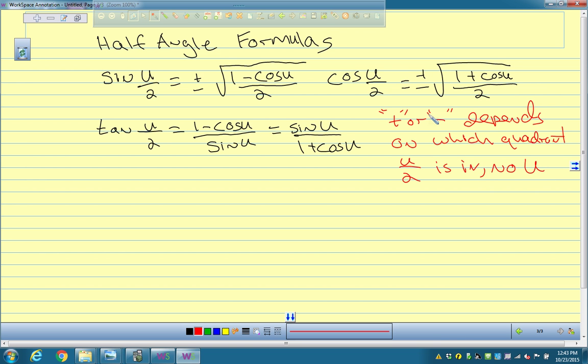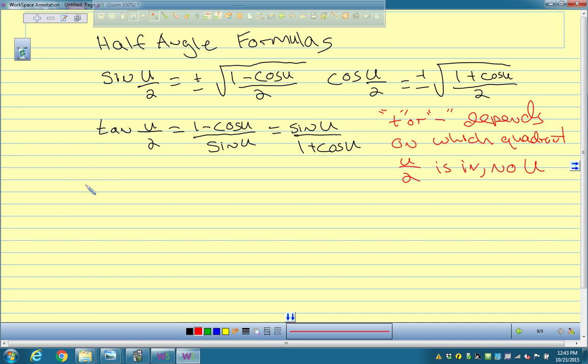I'll show you what I mean in a minute. The reason you don't have to worry about a plus or minus for tangent is because you have a cosine and a sine in the formula, and that takes care of the sign, because when you're finding a cosine and a sine, one's going to be positive, one's going to be negative, or they're both positive.